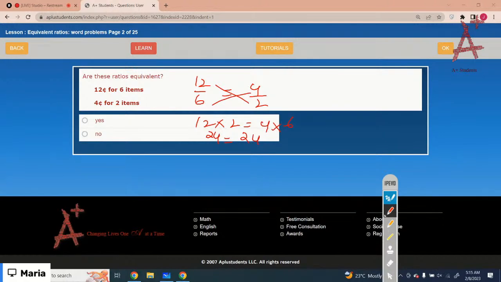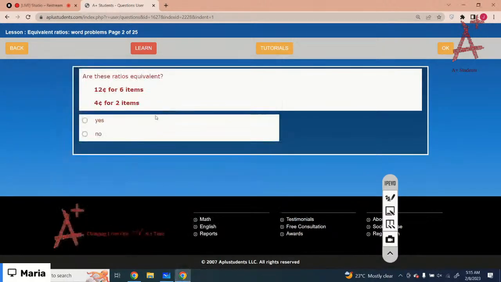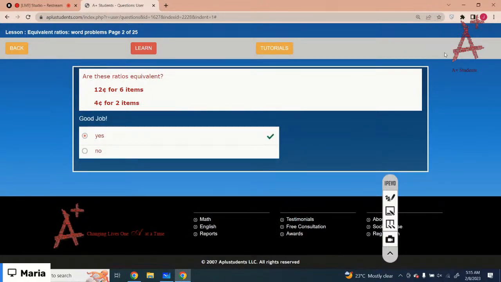That means yes, they are equivalent ratios. So the correct option is yes. Just select the correct option, then click on the OK button.